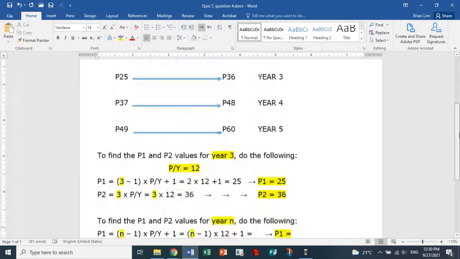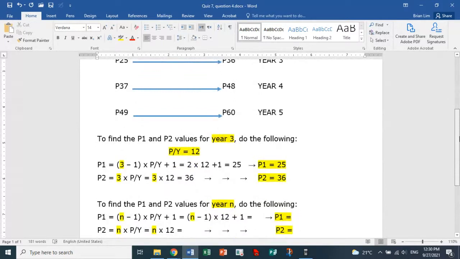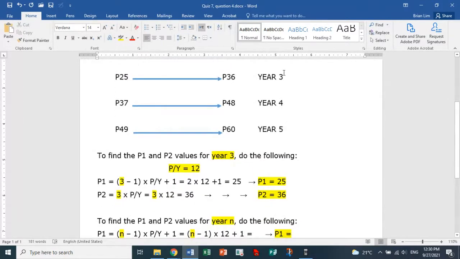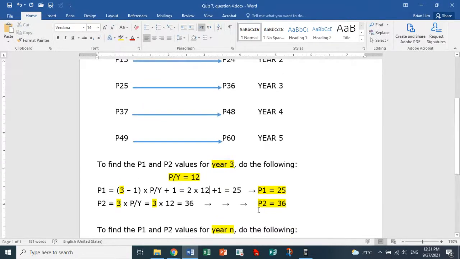Okay, so how do we get these numbers? Well, let's say we look at year number 3. So how do we get this 25? Well, we subtract 1. Okay, that gives us this 2 right here. Then we multiply by the PY value, which is 12. And then we add 1 because that would be for the end of year 2, and we have to add 1 to get to year 3.